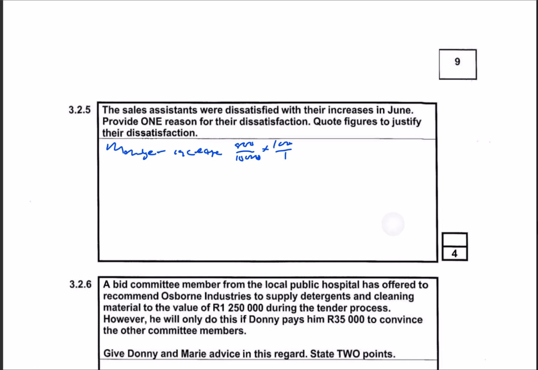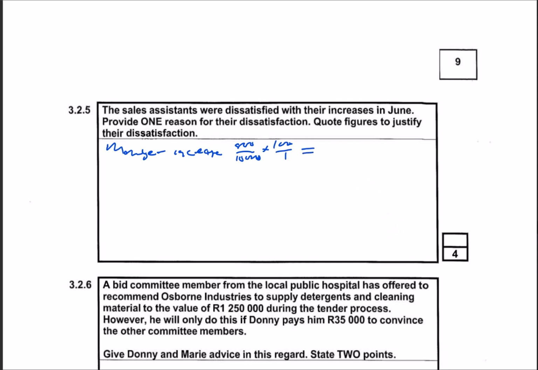That's 8% increase. Then the sales assistants, right?